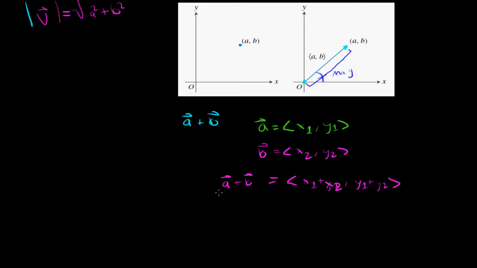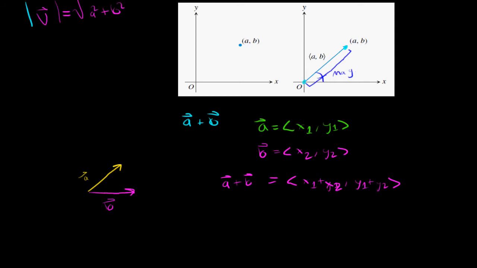And if we're going to represent this addition using arrows, we'd have vector A, and then we have the other vector, vector B. These are the two vectors. What we need to do is take one of these and attach it to the end of the other. So we're going to add A and B together.